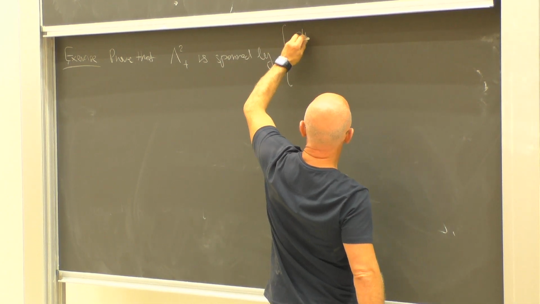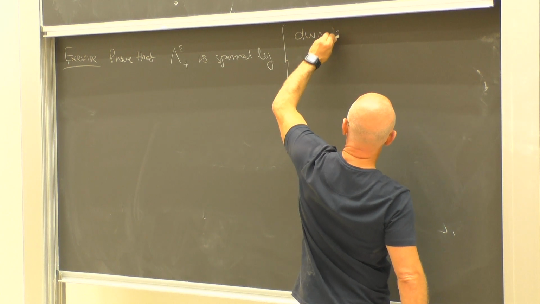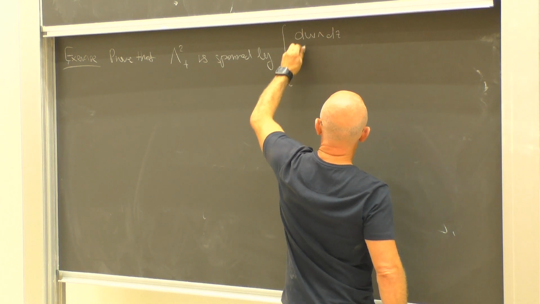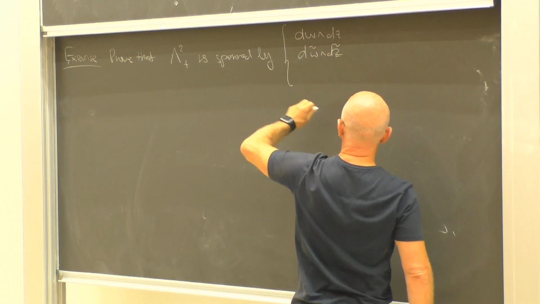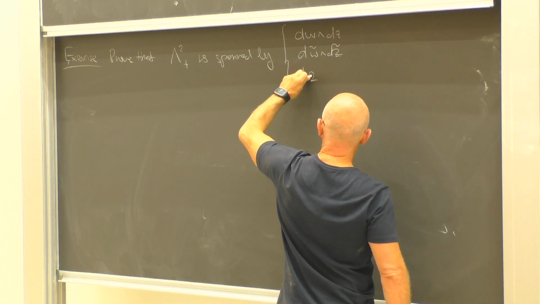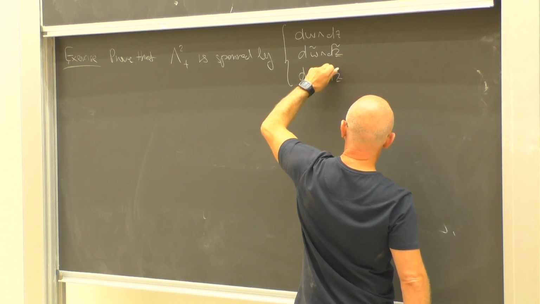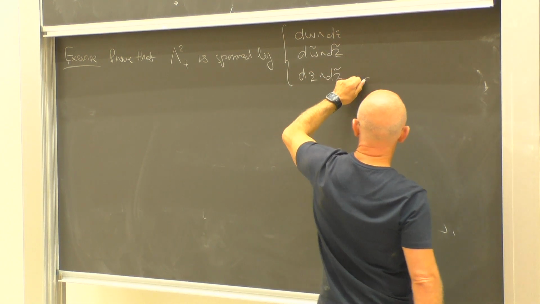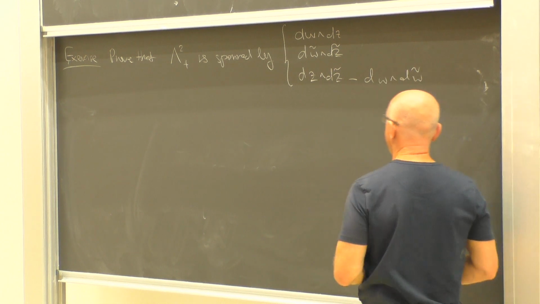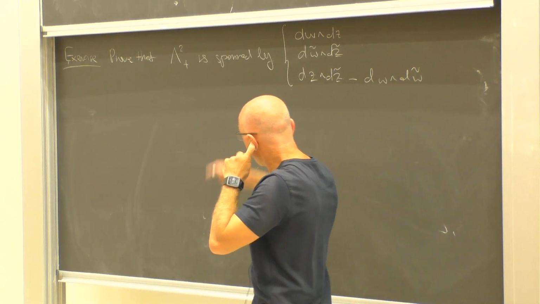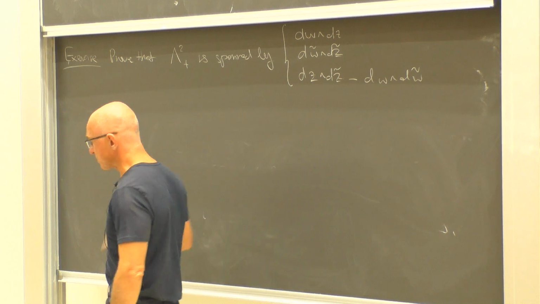There will be dw wedge dz, dw tilde wedge dz tilde, and dz wedge dz tilde minus dw wedge dw tilde. Okay, that's a basis of self-dual two forms.